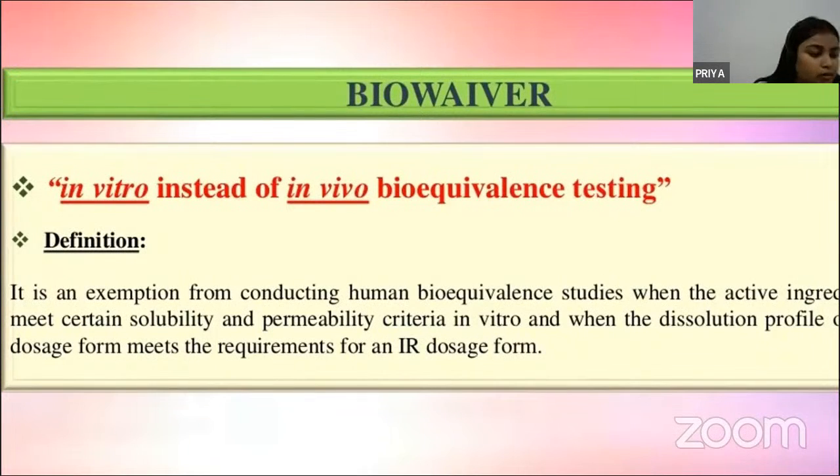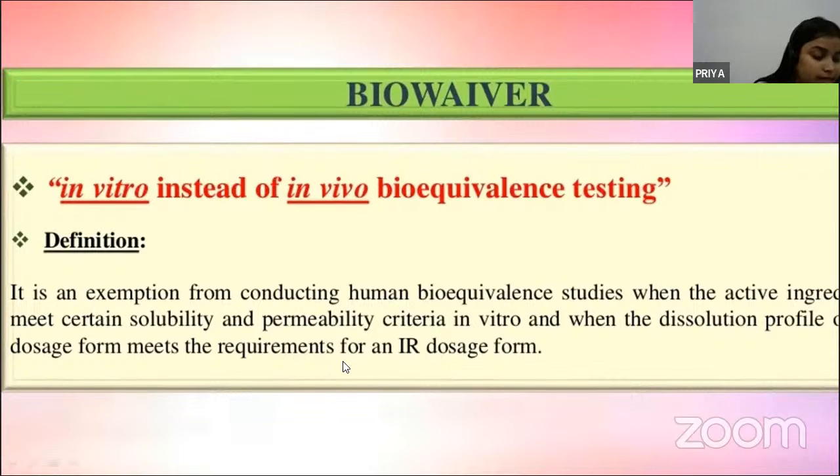Next term is biowaiver. What is a biowaiver? It is just in vitro instead of in vivo bioequivalence testing. How can we define biowaiver? It is an exemption from conducting a human equivalence study when the active ingredient meets certain solubility and permeability criteria in vitro and when the dissolution profile of the dosage form meets a requirement for IR dosage form.